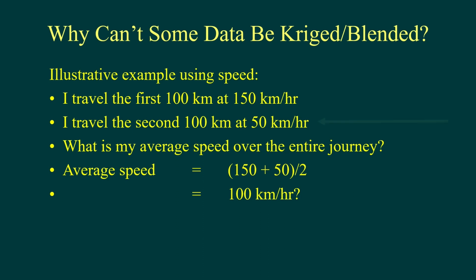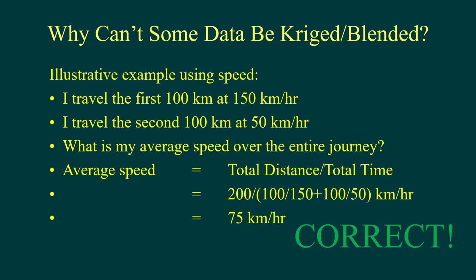The second part of my journey is also 100 kilometers, but now I reduce my speed to 50 kilometers per hour. And what I want to do is to calculate the average speed over the entire journey. So, average speed, 150 plus 50 divided by 2, 100 kilometers an hour. It looks like it should be the right answer, but unfortunately, it's not. Totally wrong.